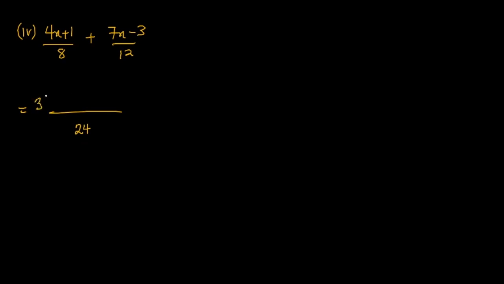Alright, so the last expression that we were given, IV, is 4x plus 1 on 8 plus 7x minus 3 on 12. Alright, so as usual, we find a common denominator for both 8 and 12. That will be 24. 8 will go into 24 3 times, so we have the 3 outside bracket.